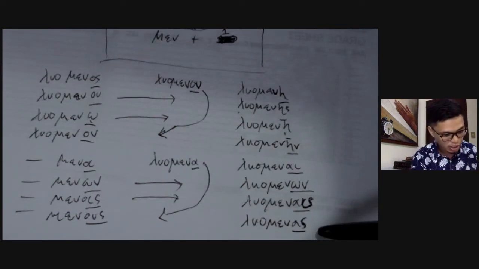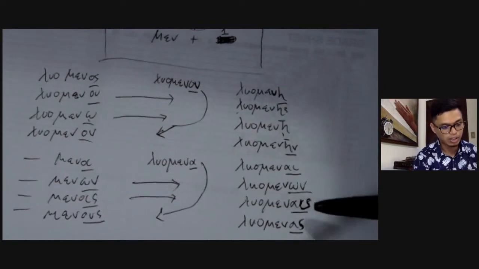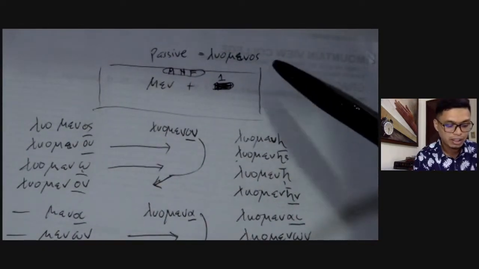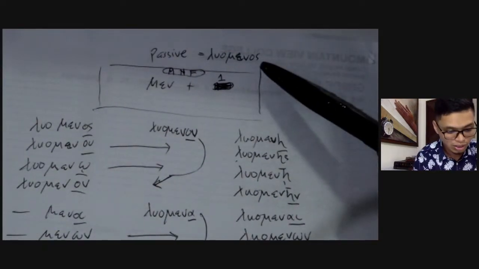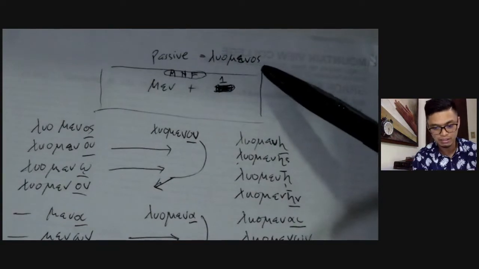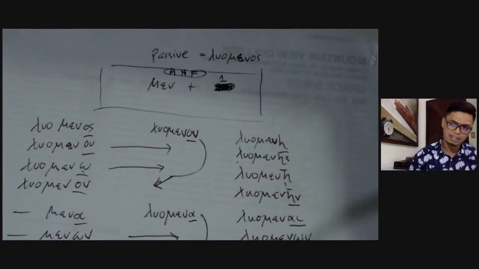The important thing is you have men plus first and second declension, minimum 1. If you memorize that, you already know the passive participles. So easy. Luomenos. See, you have the root, you have men, and then you have the minimum 1 ending. Okay? So easy.